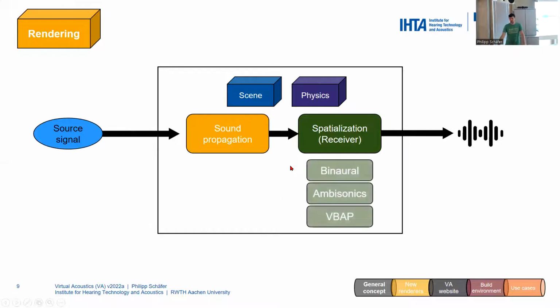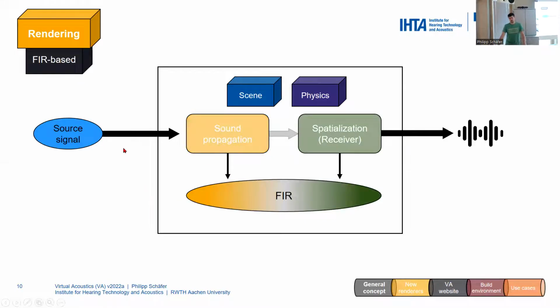And for VA, there are 3 types of spatialization. We can use binaural signals, ambisonics encoded signals, or vbap. So those are the 3 options for us. And now there are 2 types of rendering approaches. The first one is FIR-based rendering.